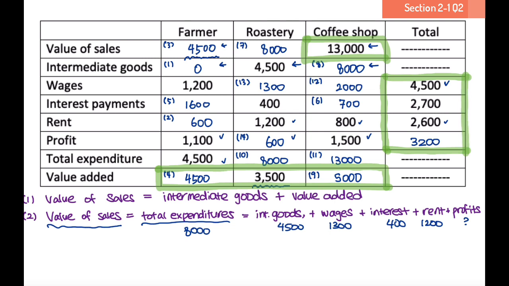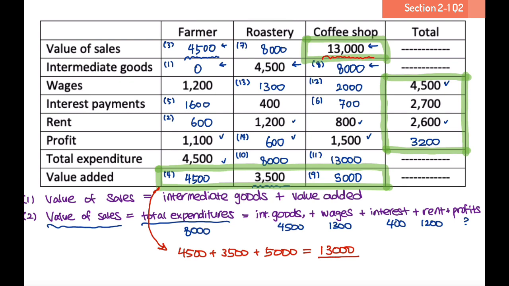So by using the first method, sum of value added, we see that the GDP is 13,000 in this economy. Using the second way of looking at final goods and services, it's also 13,000.